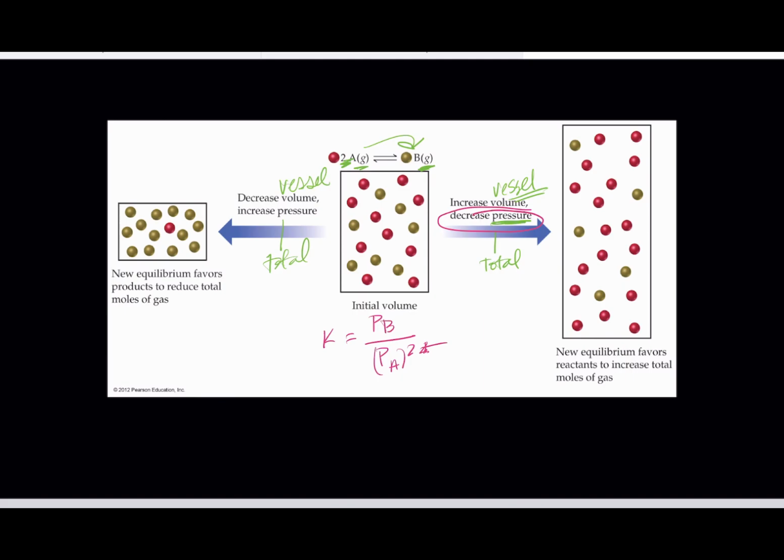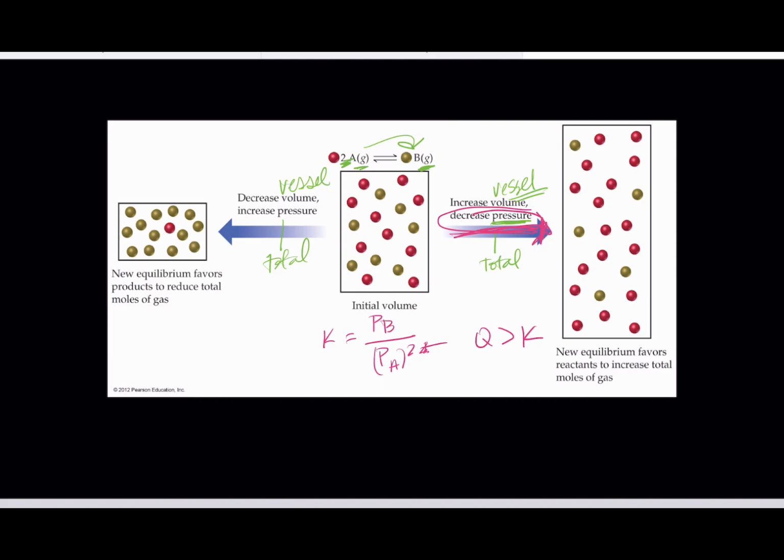So let's say, for example, I were to go in this direction, which is increase the volume and decrease my pressures. If I decrease my pressures and I think about the outsized impact that has because of the squared in the denominator, what happens to Q? Q is greater than K if I increase the volume of my vessel, which decreases the partial pressures of my respective gases. And if you're not sure about that, we can plug in some pretend numbers.